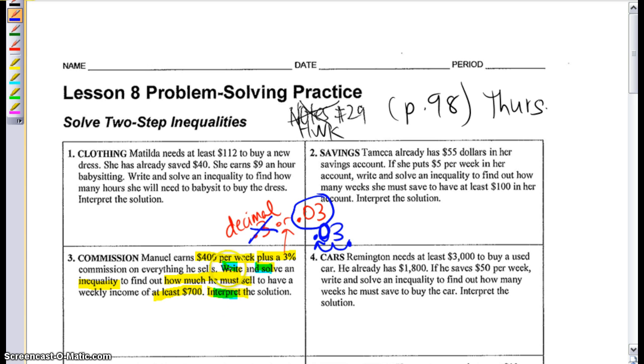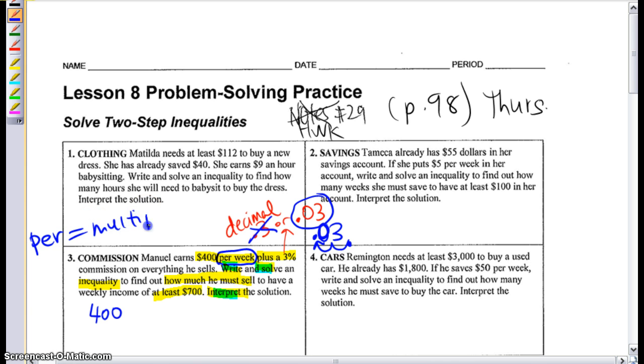He earns $400 per week, so that's going to be $400 for the week. And for this question, I did tell you that if we see the word per, we're supposed to use multiplication. Now, I'm not going to multiply 400 with W, like the number of weeks, because what I'm looking for is how much he has to sell.